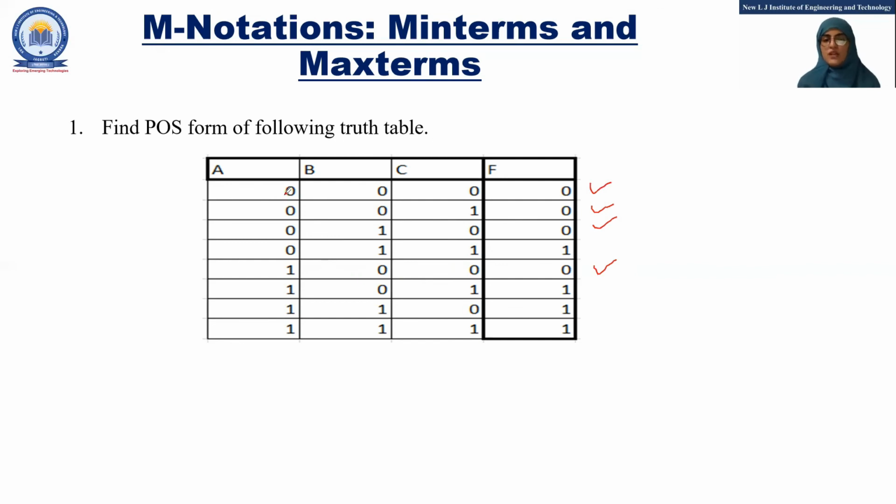So this will be A plus B plus C. This will be A plus B plus C prime. This will be A plus B prime plus C. And this will be A prime plus B plus C. So this is the conversion of the following truth table to POS form.